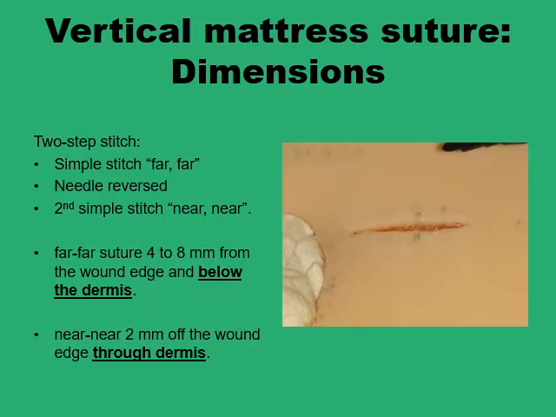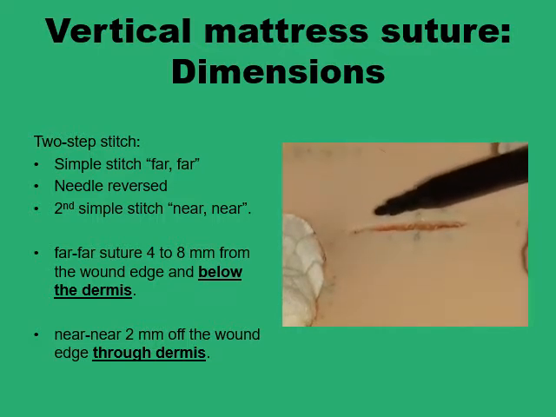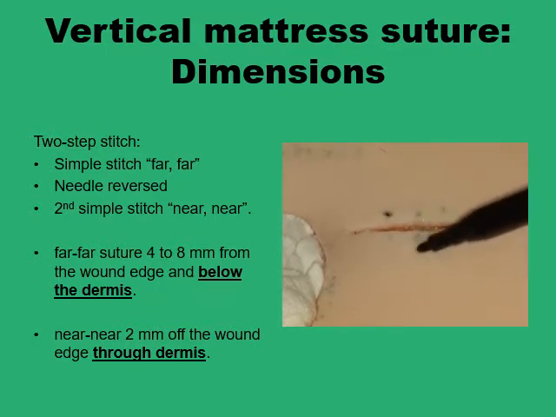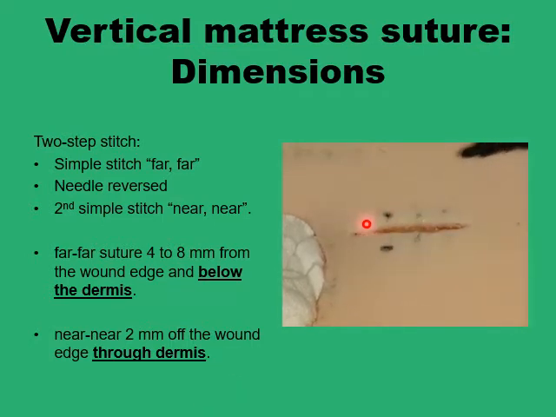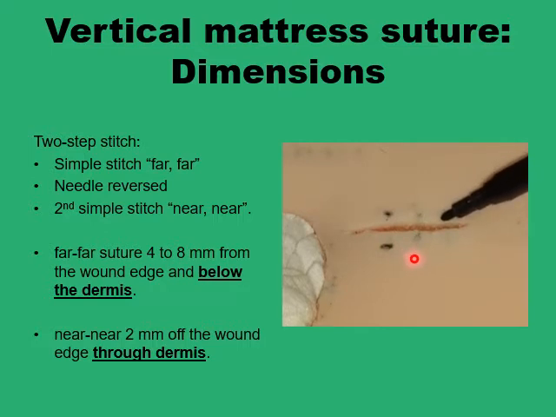But this just serves as a simple rule to remember. We start placing the dots of ink. In the simple interrupted suture, we usually place them about 4 millimeters away from the skin edge, like in this example, and then place the other suture about 8 millimeters away from the first one.